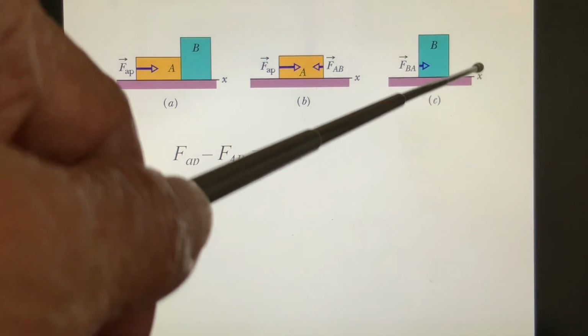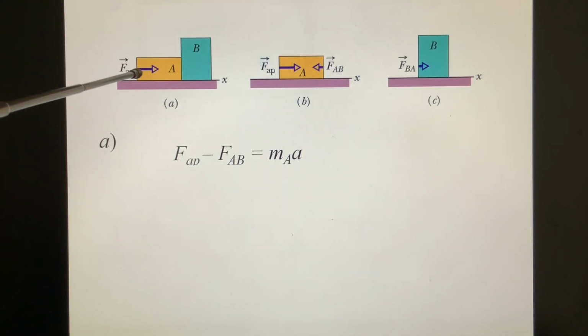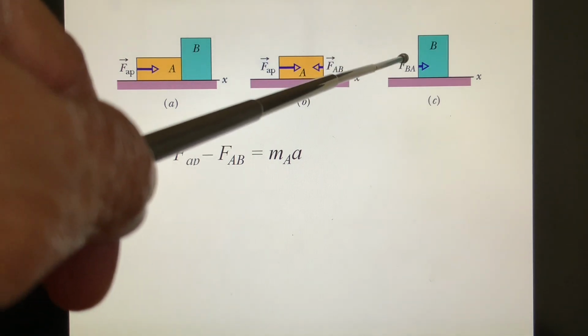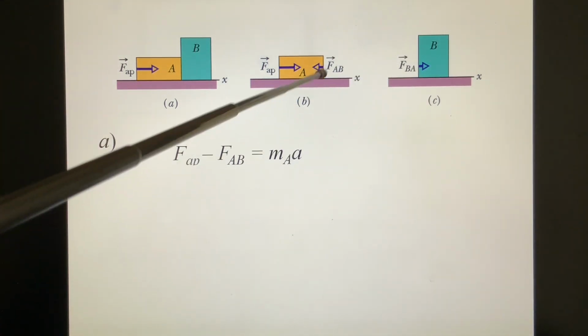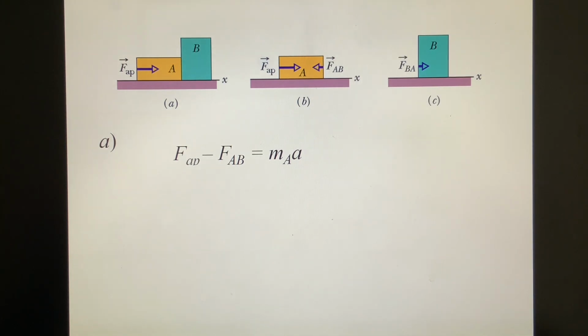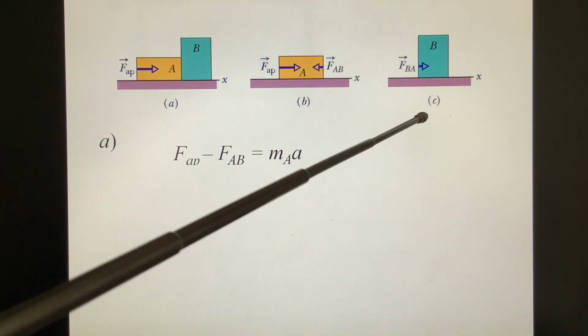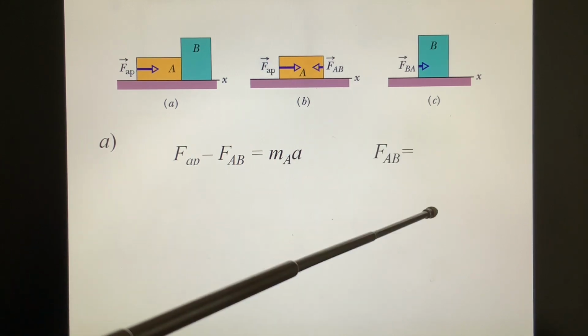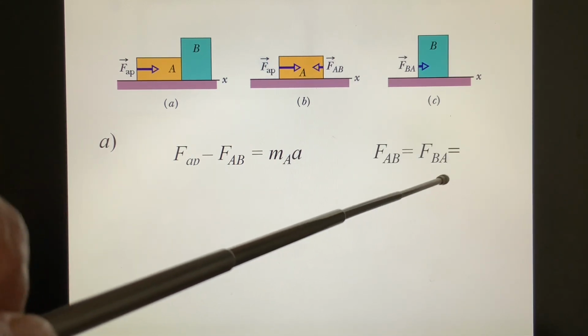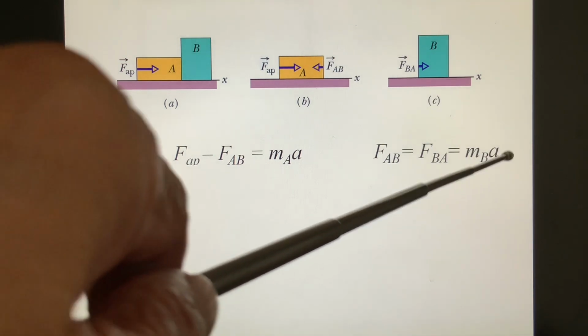And we look at B. B is exerted by block A with the force FBA. FBA equals FAB. They are a pair by Newton's third law. So FBA is equal to MB a.